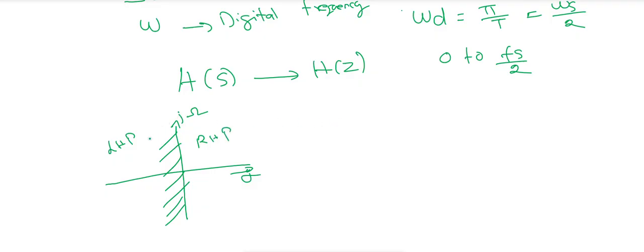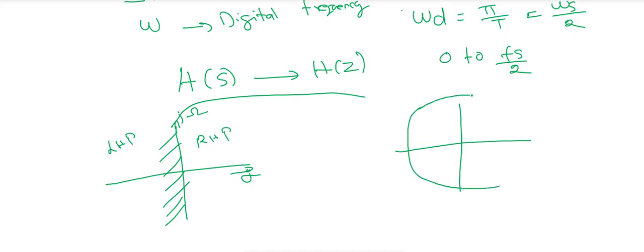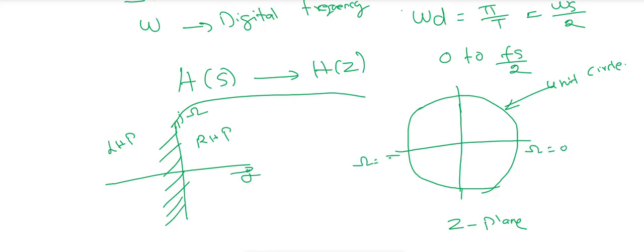All the points in the left half of the S plane are mapped inside the unit circle. So this imaginary axis is mapped to the unit circle in the Z plane. So this is your Z plane, with omega equal to 0 and omega equal to infinity, and this is the unit circle.